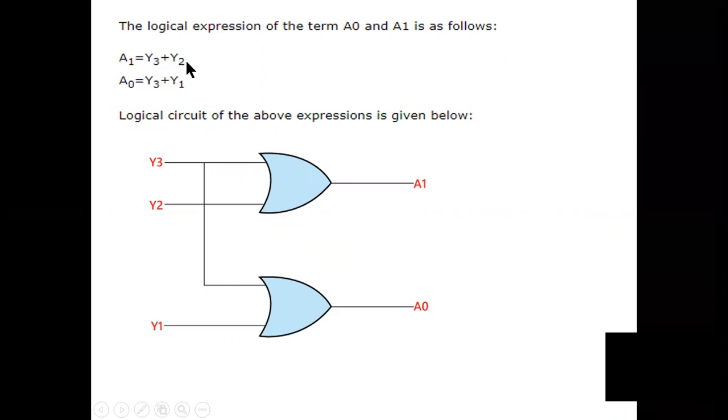So Y3 plus Y2, Y3 plus Y1. So this is well designed using two OR gates.